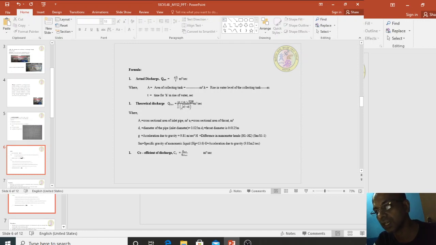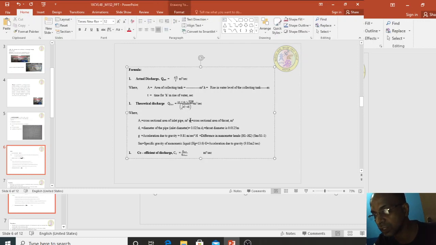Theoretically, it is calculated by A1 into A2 into root of 2gH divided by root of A1 square minus A2 square, in meter cube per second, where A1 is the cross-sectional area of the inlet pipe and A2 is the cross-sectional area of the throat, that is the central portion. Inlet pipe area is equal to outlet pipe area. D1 is the diameter of the inlet pipe. D2 is the throat diameter.